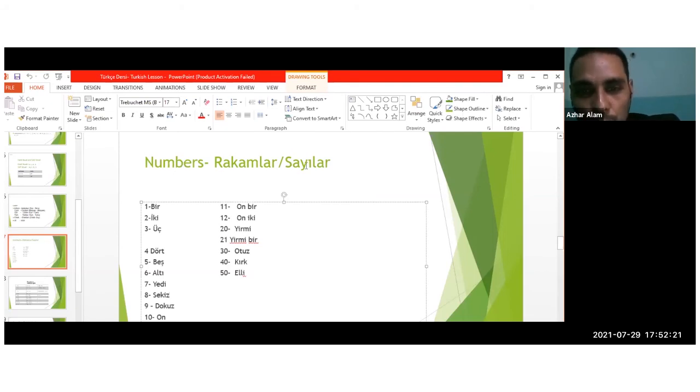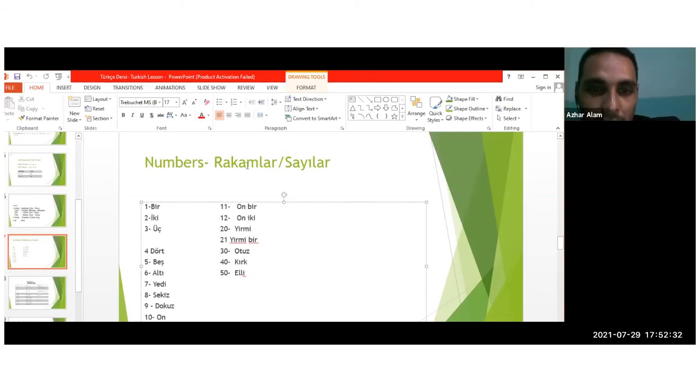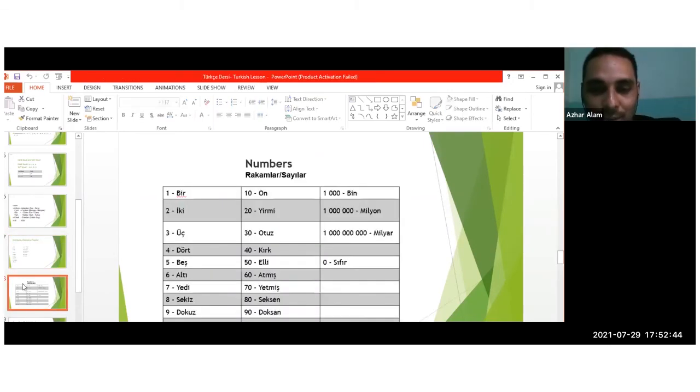For numbers we have 2 words in Turkish. Actually numbers, it is in plural. So rakam means number. Lar is as per vowel harmony. We have a hard vowel here, so lar. Sayilar. Sayi means number. Lar is the plural suffix. Clear? Yes. You can see here in this table also.